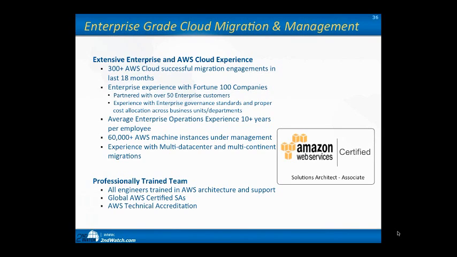and so when we work with our customers, as I said, we're very proactive in talking about security as well as availability on these systems. We have a significant number of AWS machine instances that we help manage for our customers. It's a minimum of 60,000 plus, depending on auto scaling, and that number grows on a daily basis.